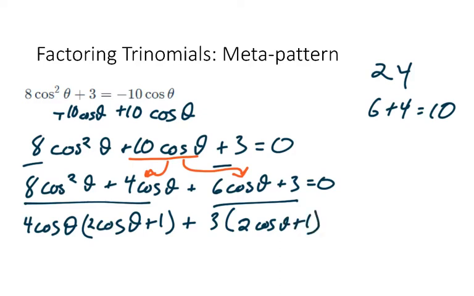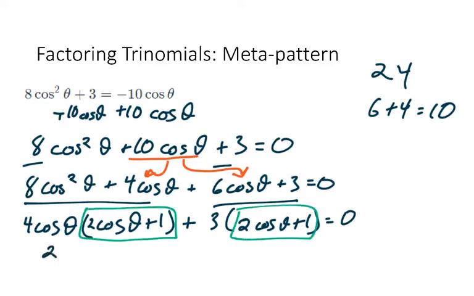Notice I was able to use the fact that I knew something was wrong because this was not equal to this, and then I was able to go back and check that to find that error. Equals 0. And then I'm going to factor these out.